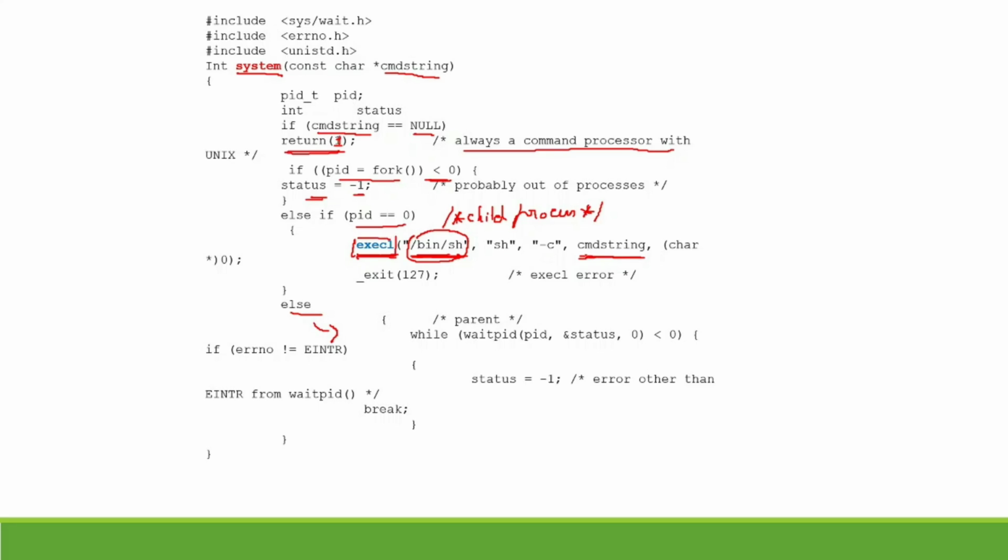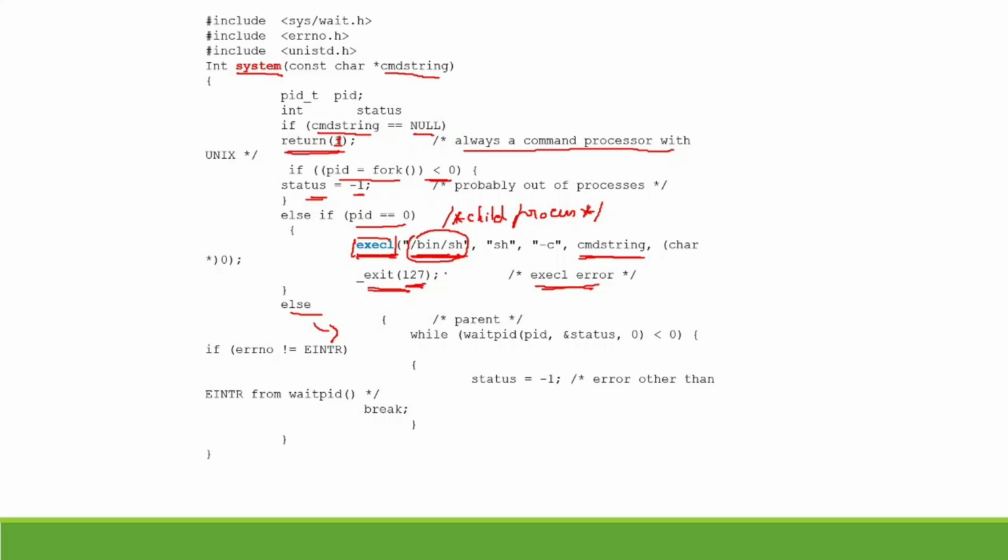Each of these commands will be executed one by one. And if it is not possible to execute this exec system call, then exit with 127 will be returned. This represents the execl error, as previously said.